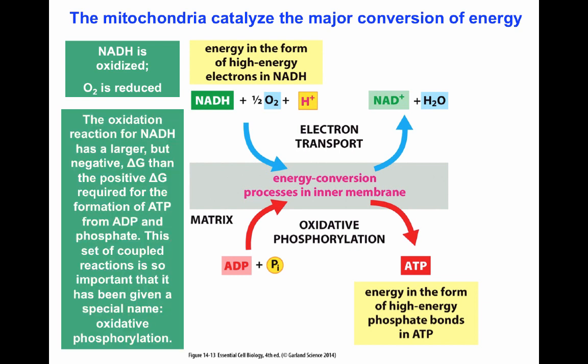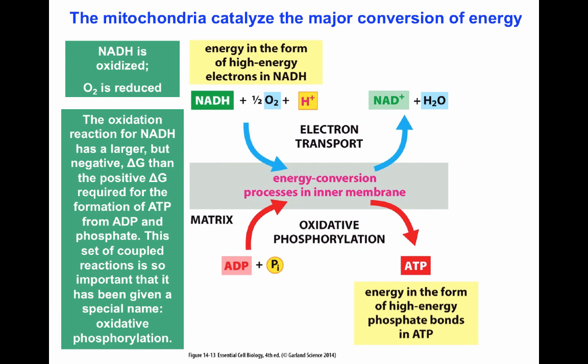But at the same time, we have the production of ATP. Now, the issue is that the oxidation reactions, because you always have an oxidation and a reduction reaction when you pass an electron, have a very highly negative delta G, and it is more energy than the positive delta G required for the formation of an ATP molecule from ADP and inorganic phosphate.